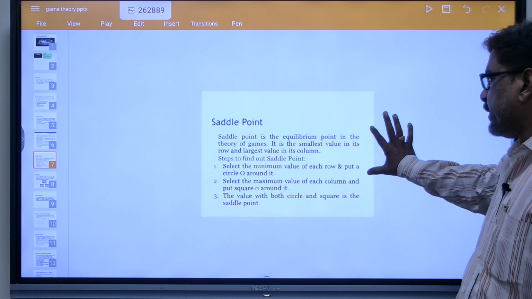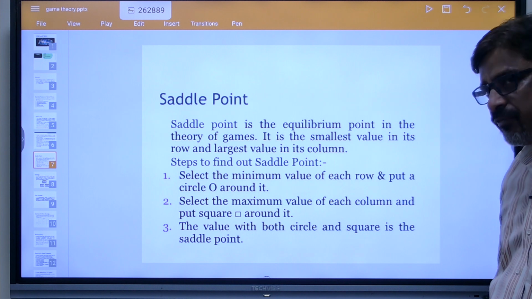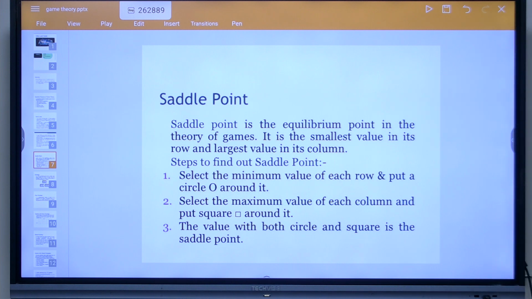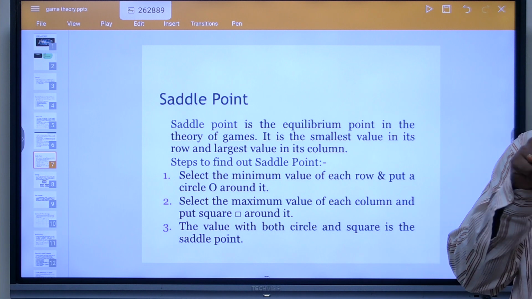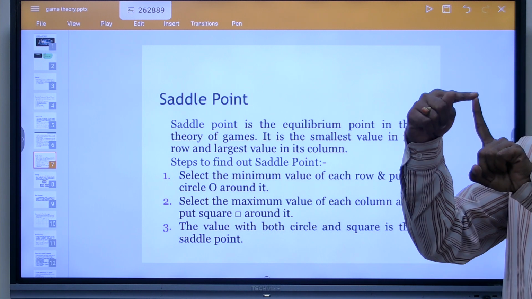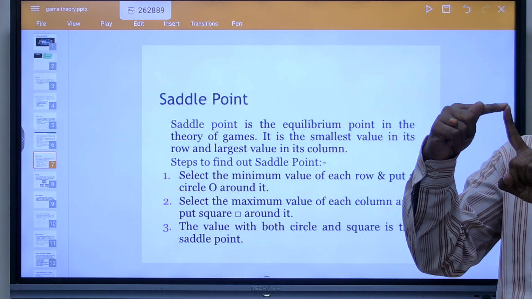The saddle point. The saddle point is the equilibrium point in the theory of games. It is the smallest value in its row and the largest value in its column. If the maximin value and the minimax value coincide at the same point, they will give you the saddle point.